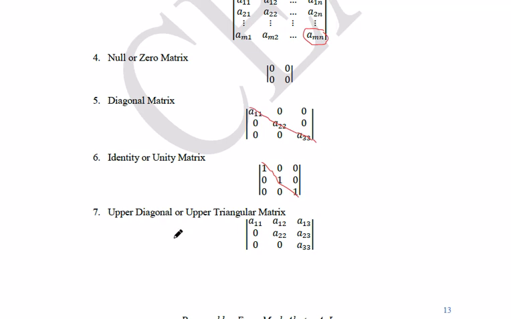Number 7 is the upper diagonal or upper triangular matrix. As you can see in the example, only the upper triangular part has the values, while the elements in the lower portion of the diagonal are all 0.